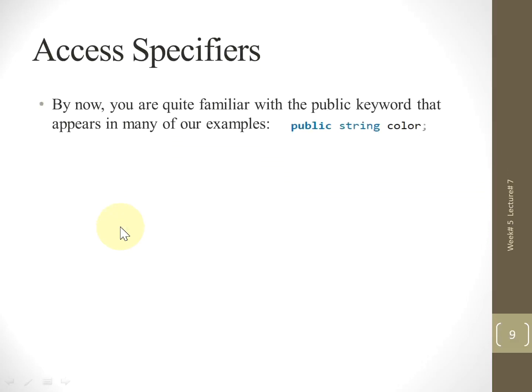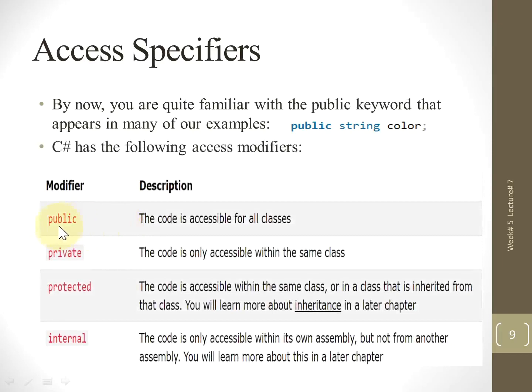What about the access specifiers? We have four access specifiers, that is public, private, protected, and internal. Public is used to access from all classes, meaning it can be used outside of the class as well. Private means it can only be accessed within the class.